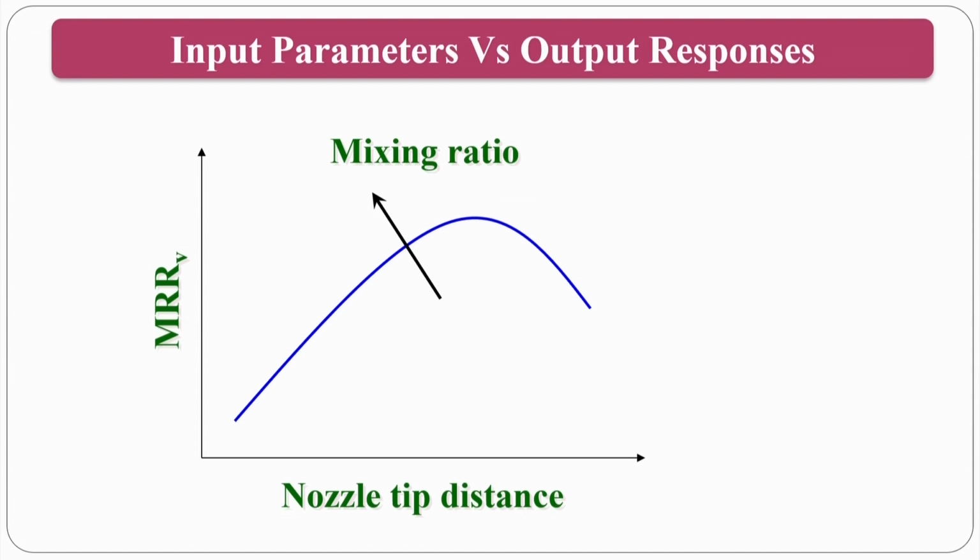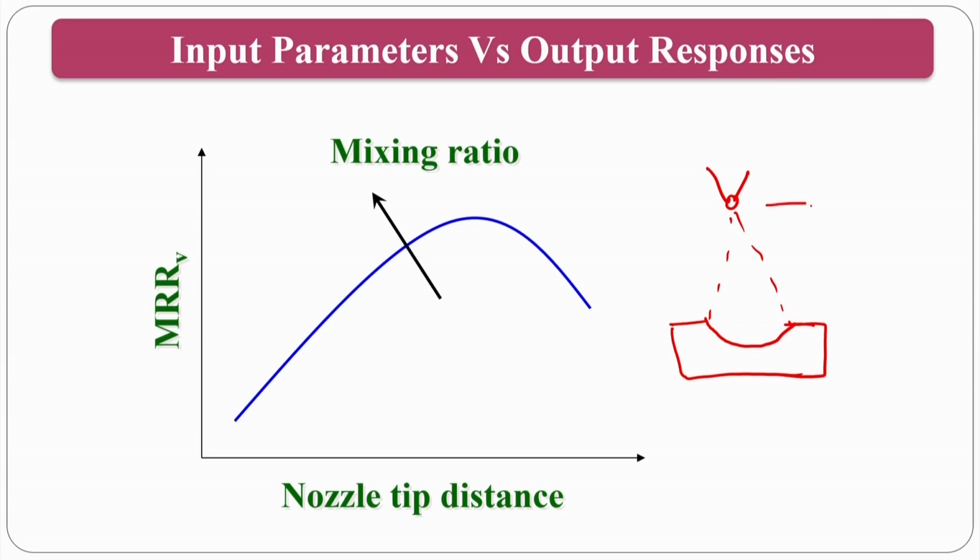If you increase it beyond that, the crater depth will reduce, but the crater diameter will increase. But the problem here is, if you increase the distance between the nozzle and the workpiece, the jet loses velocity.